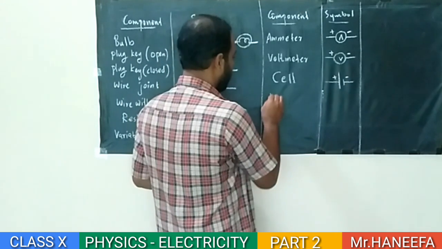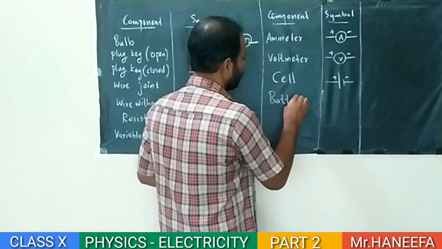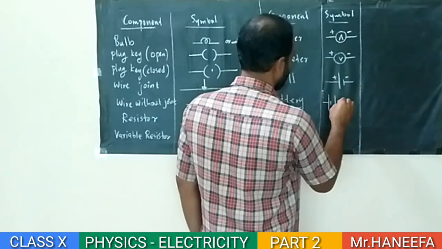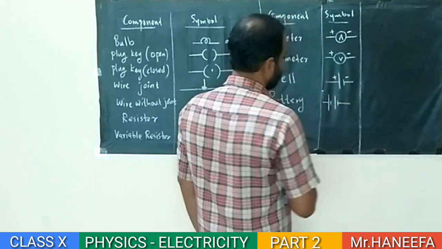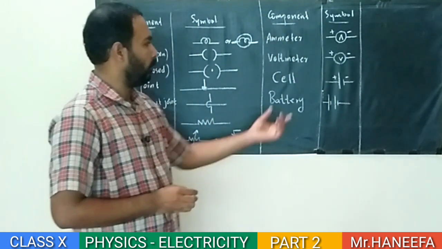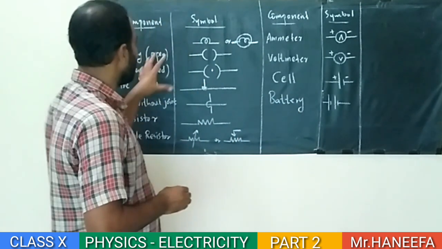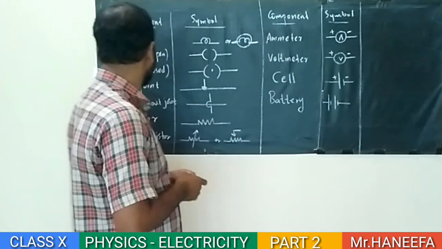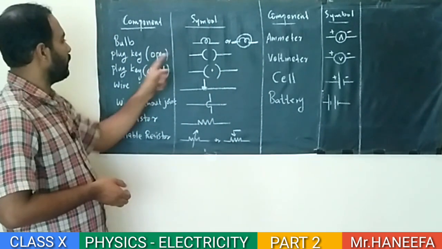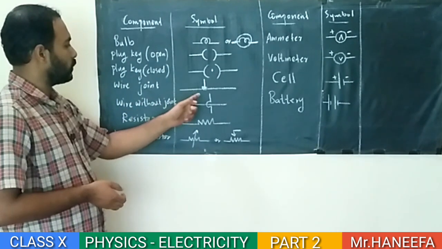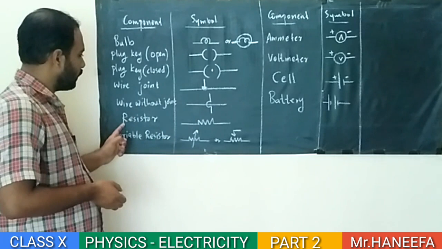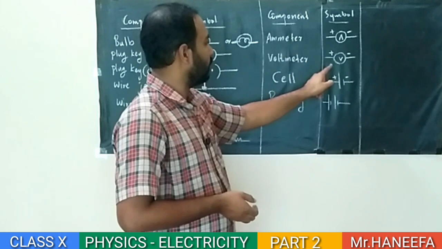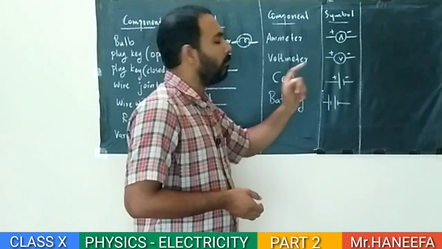Next is battery. Combination of cells is called battery. These are some symbols to draw circuit diagrams. So first, bulb, plug key closed, wire joined, wire without joined, resistor, variable resistor, ammeter, voltmeter, cell, battery.